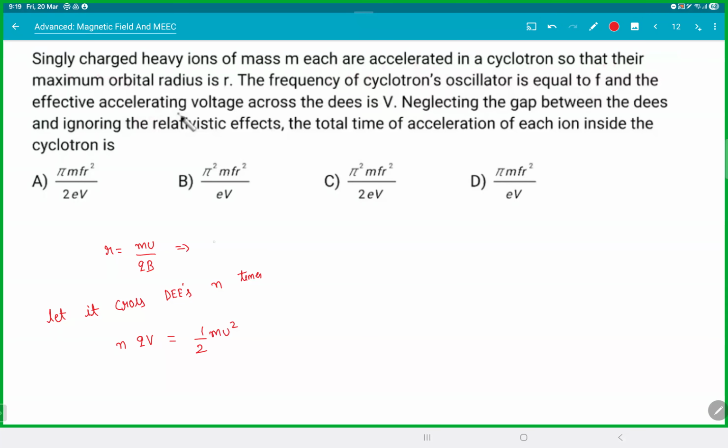So get u from here, take that and put it here. u is qBR by m. This will give you n. So I know you're crossing the D's n times. Now what?